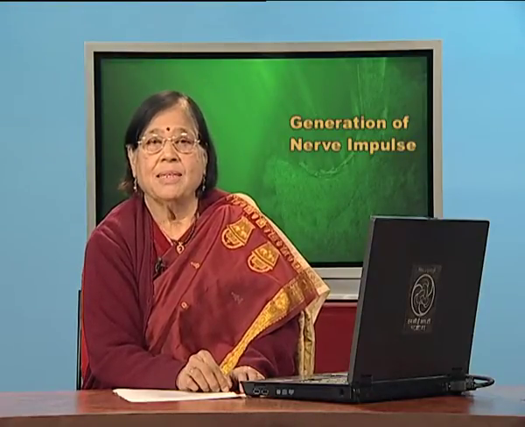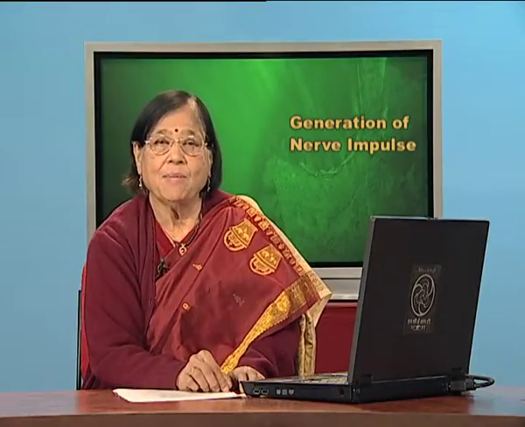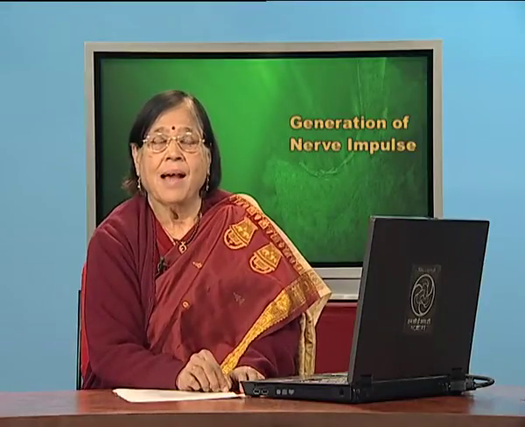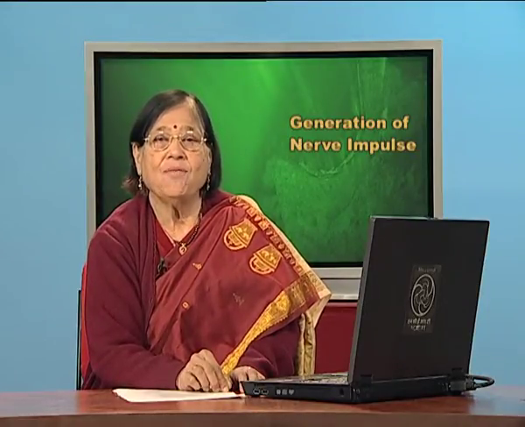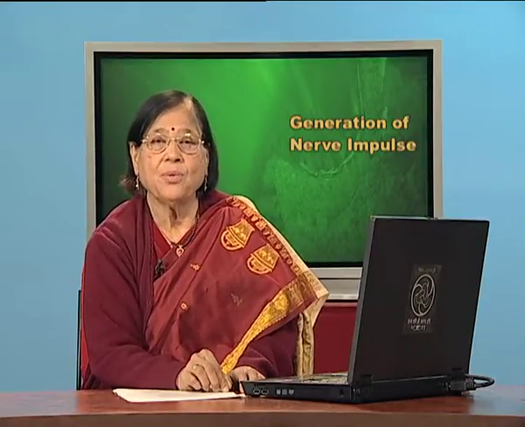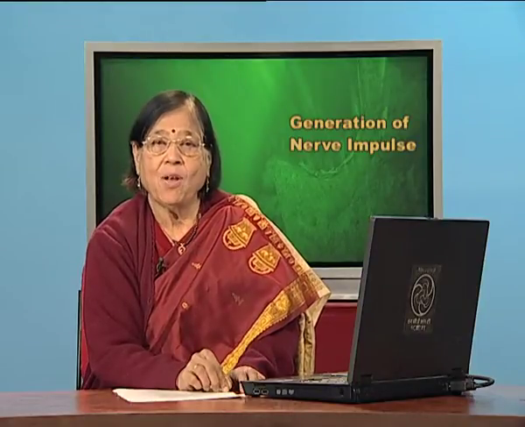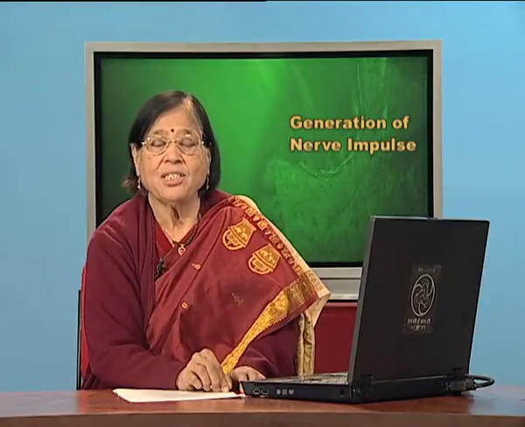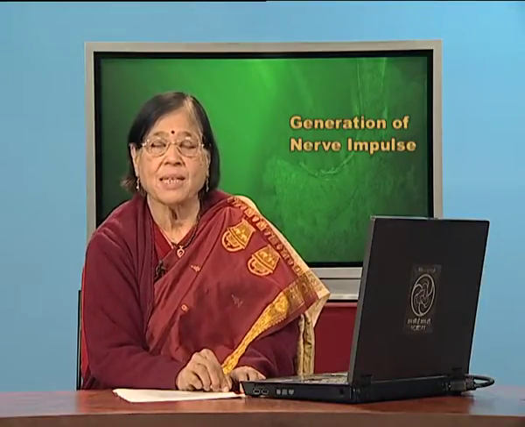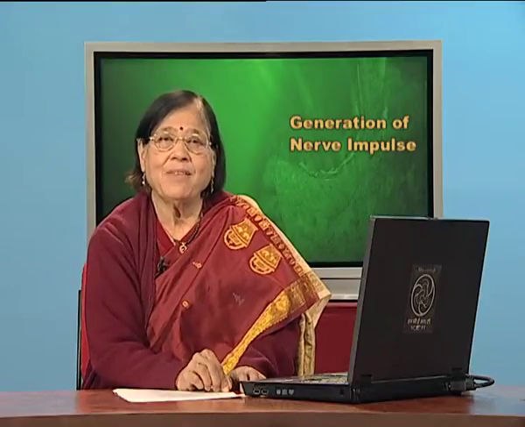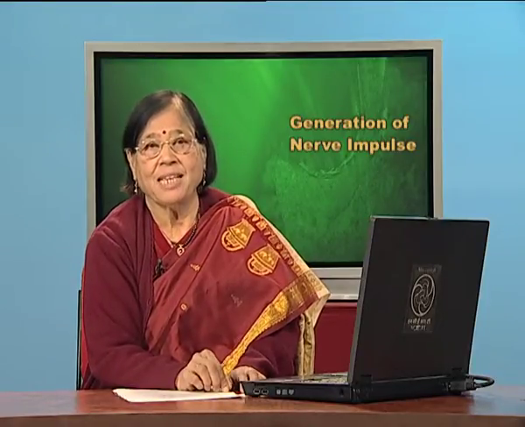Of course, the positively charged ions will move in and negatively charged ions will move out, but outside the membrane the movement will be from B to A and inside it will be A to B. That will also imply that outer membrane will become negatively charged, inner positively charged, because circuit is completed. And it will also mean that the point A becomes normal, the positively charged outside, the negatively charged inside.